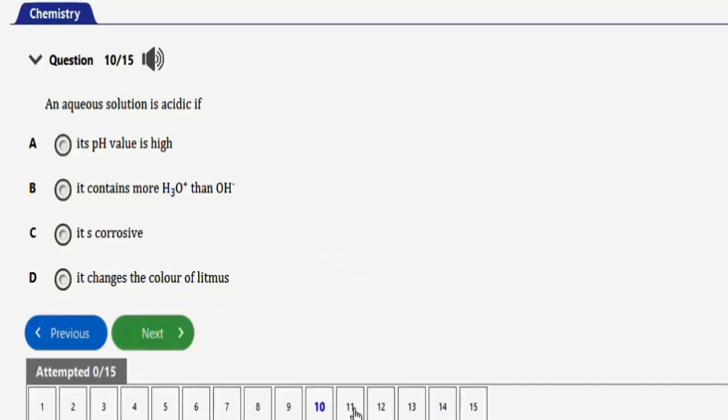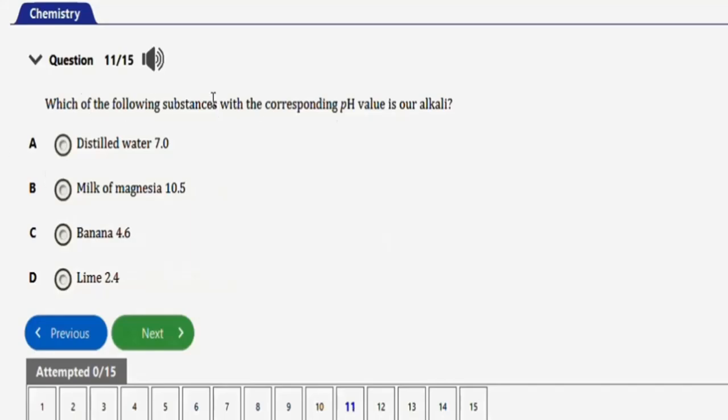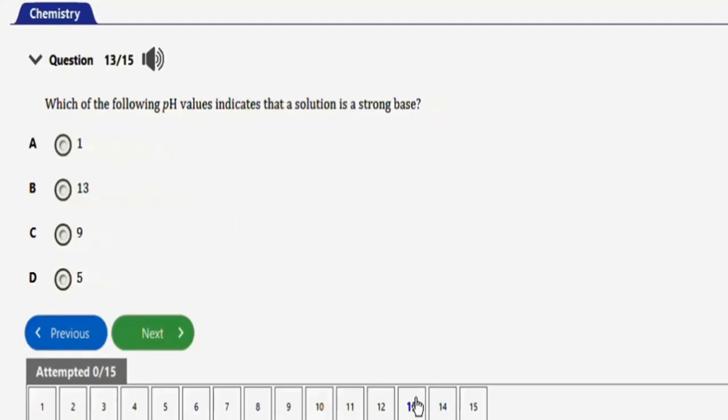Next question. It says which of the following substances with a corresponding pH value is alkali. So the right option will be option B, which is milk of magnesia, 10.5. An alkali or alkaline solution has a pH more than 7. So the right option is option B. Next question. It says which of the following pH values indicates that the solution is a strong base.